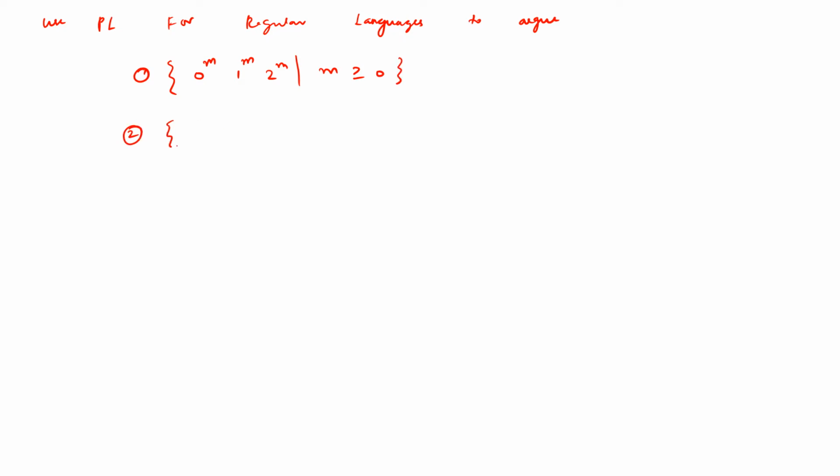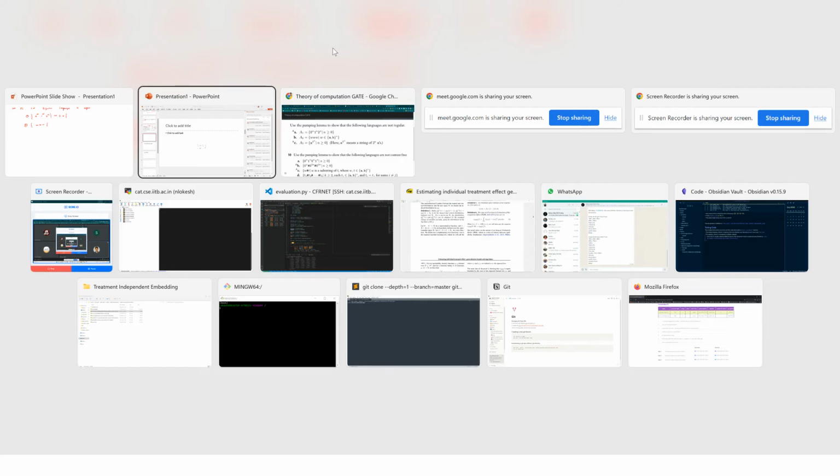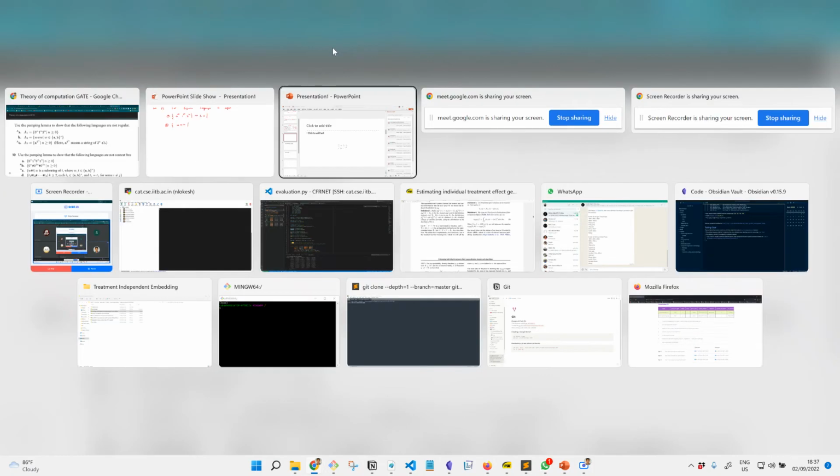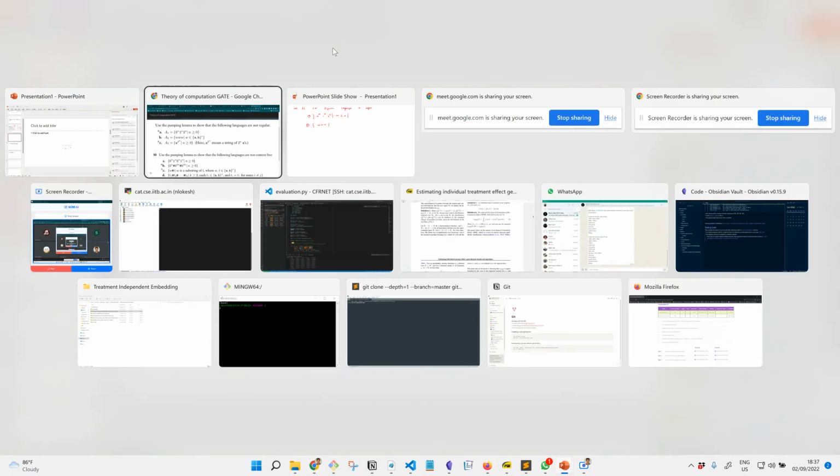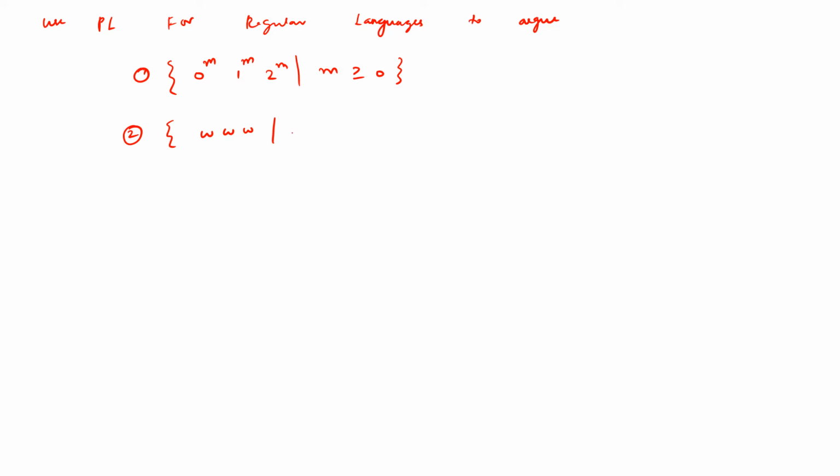The second question is www, where the symbols of w come from the alphabet {a, b}*. These are the two questions. Now we will use the pumping lemma that we just saw to show that these two languages are not regular. Is the question clear to everybody?